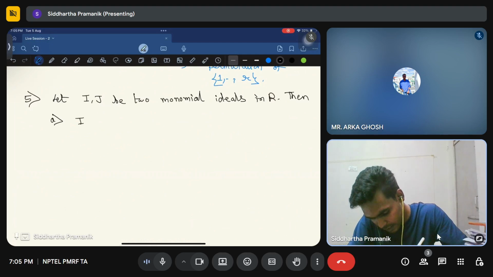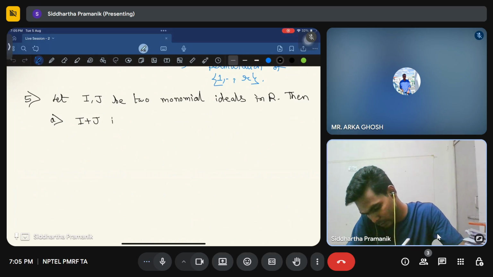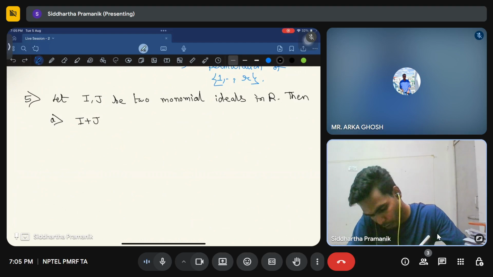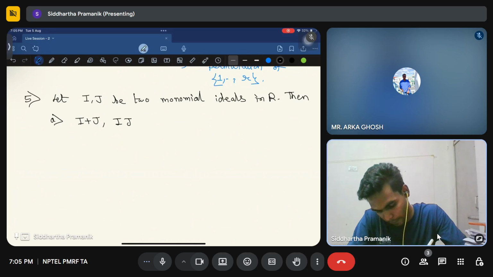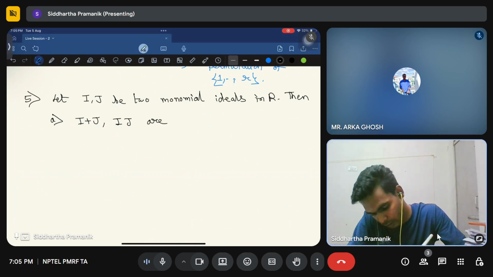If we take the sum, then this will also be a monomial ideal. Not only the sum, we can take the product. These two are basic operations, and one more operation is the intersection. So these are monomial ideals.